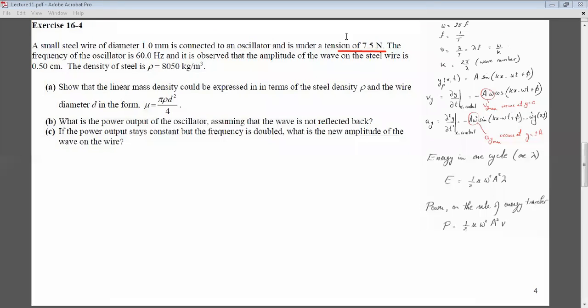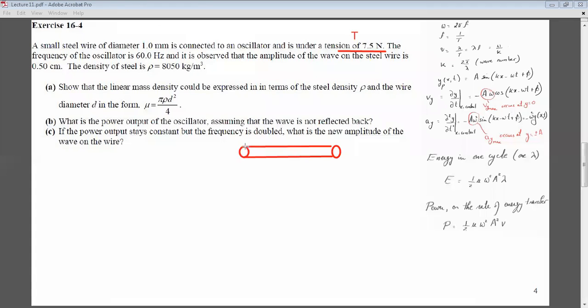And I have a steel wire, so you have to imagine it is like this, of diameter 1 millimeter.